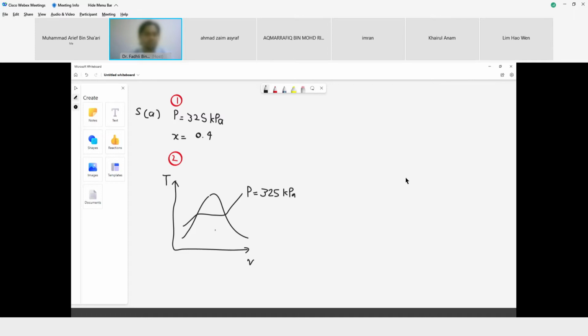In our diagram here, we cannot put 0.4 directly, but as we learned in chapter number 2, if they give a value of X, it means the phase or region of the substance is somewhere in this region.